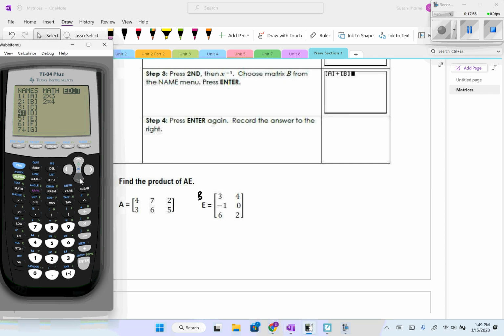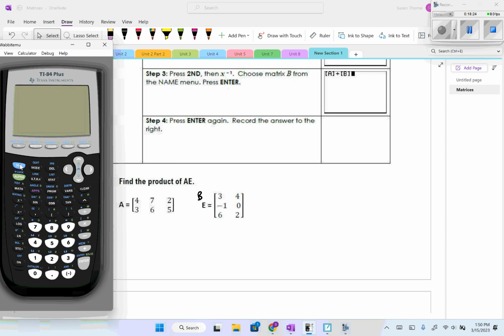So we have a 3 by 2, 3 rows and 2 columns. So 3, 4, -1, 0, 6, 2.